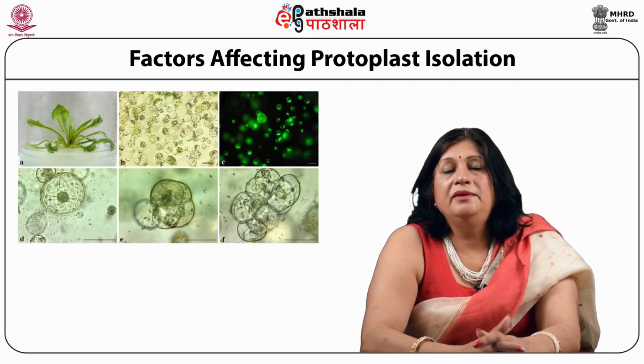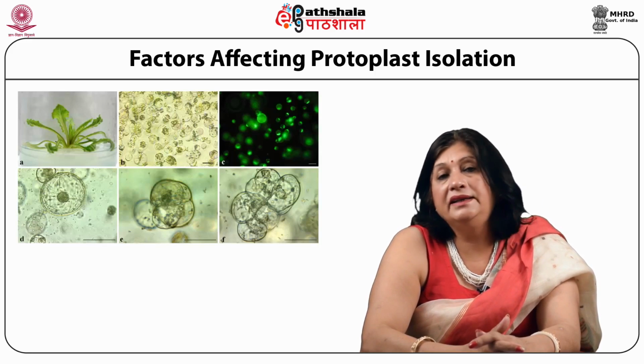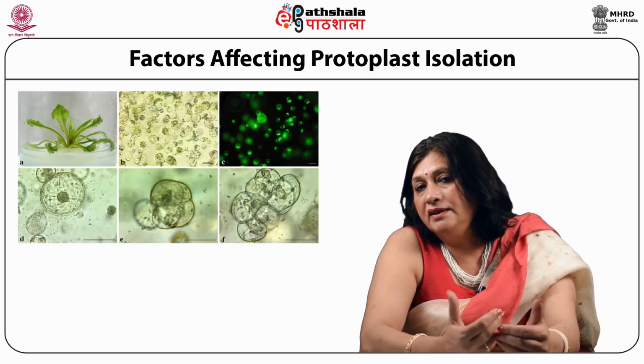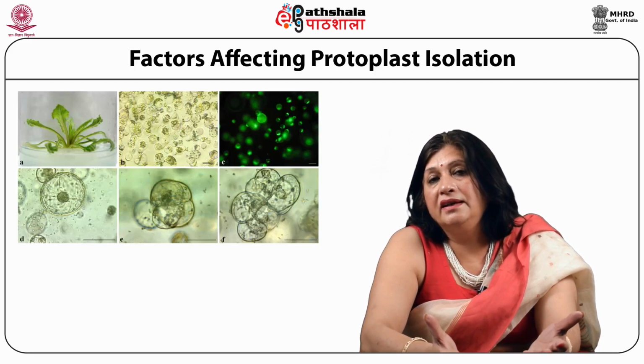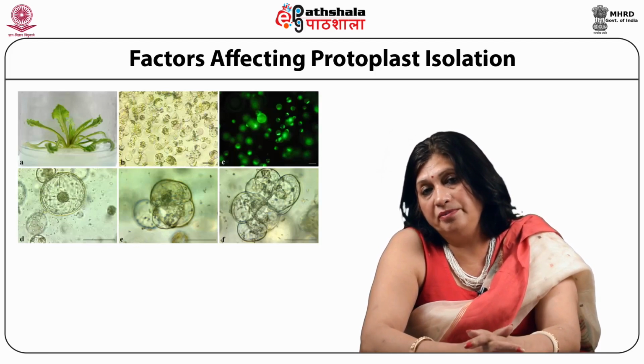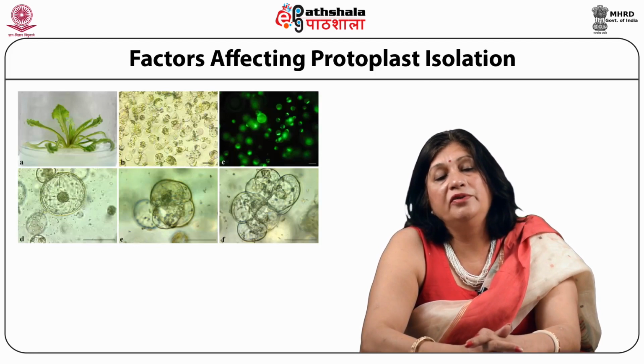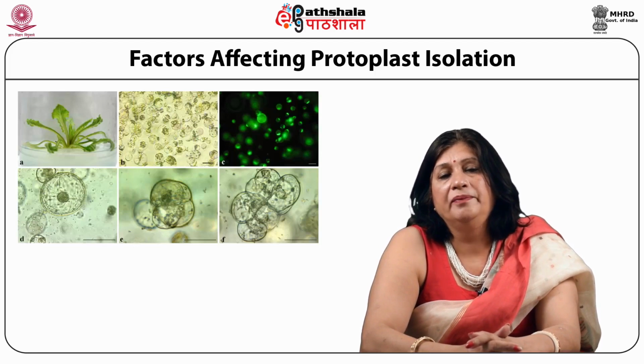Of course, these enzymes are active between 40 to 50 degrees centigrade, but at these temperatures the explant cannot survive, or you get very poor yield of protoplast. So one is compromising by choosing a temperature of 25 to 30 degrees centigrade.